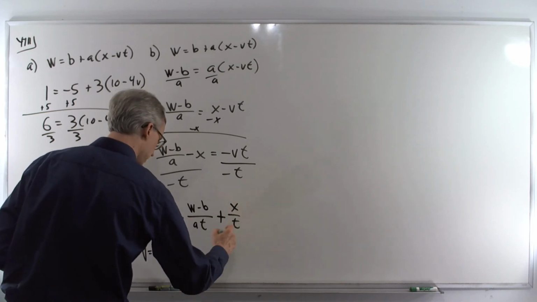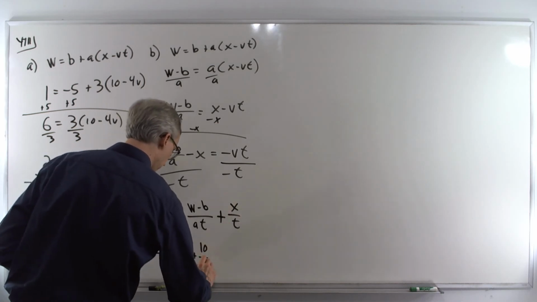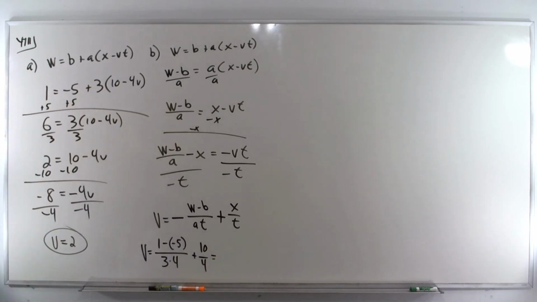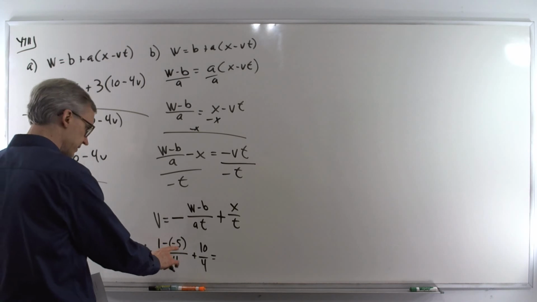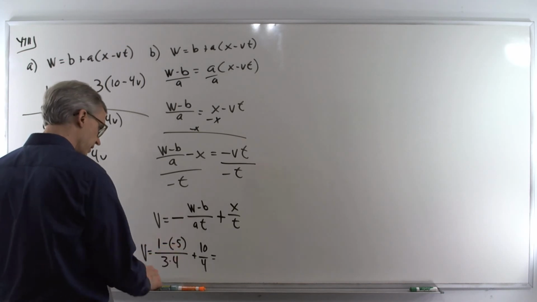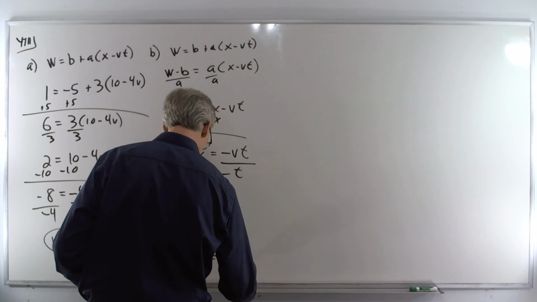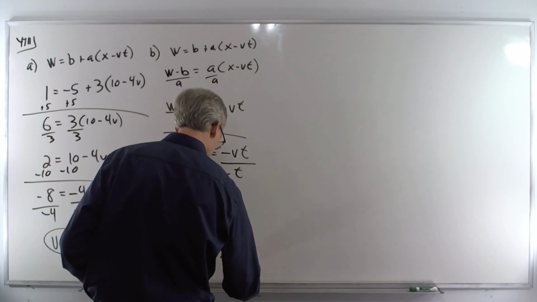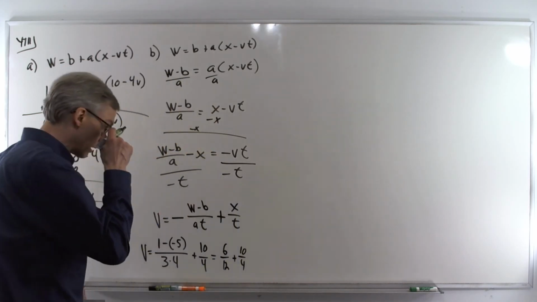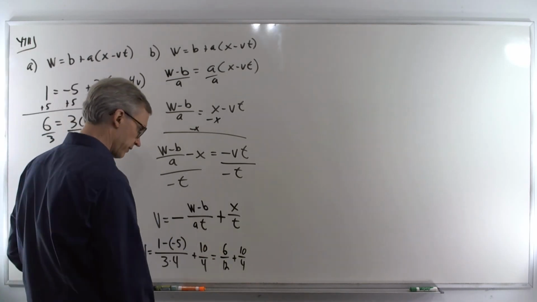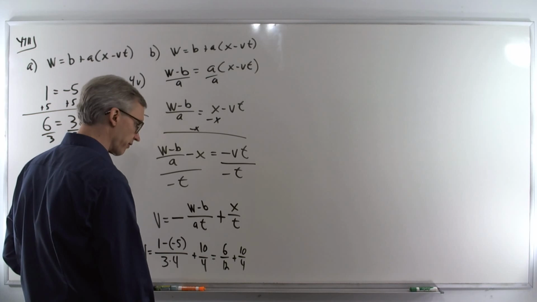And then x over t, that's 10 over 4. So the numerator of this becomes 1 minus negative 5, which is the same as 1 plus 5, so that is 6. And 12 on the bottom, plus 10 fourths. Alright, so this is basically 1/2. If we express it over 4, that'd be 2 over 4.